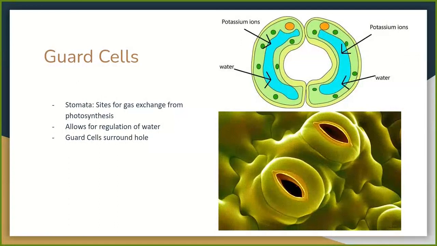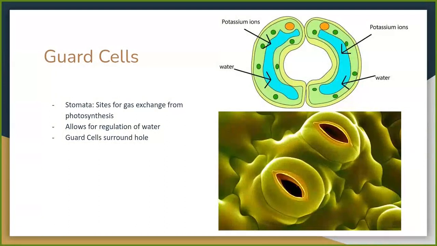So these guard cells can open and close based off of chemical concentrations. This is what can block off any gases from entering or exiting, and then it can also open up to allow for transfer again. Guard cells can open and close based off of an influx of potassium ions, which you can see in the drawing on top, and that leads to water moving into or out of the cells.